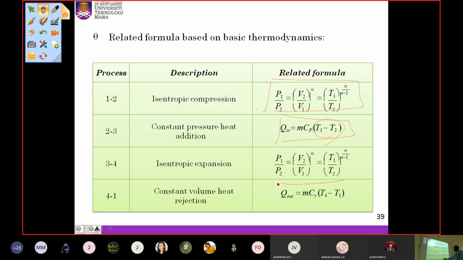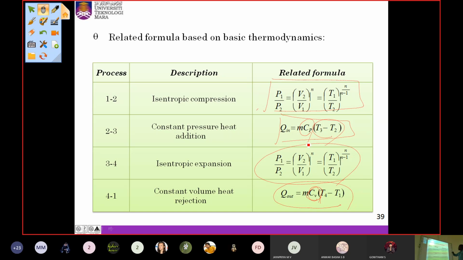Then again we have isentropic expansion, the same formula. In the last, we have the constant volume process, and you know the formula for Q out, that is m Cv delta T, where delta T here is T4 minus T1. So here is Cv for the constant volume process, and here is Cp for the constant pressure process.